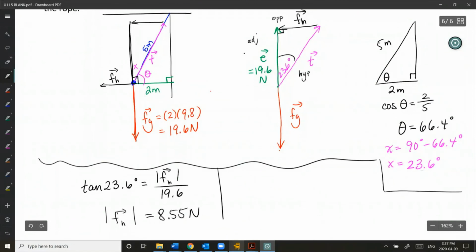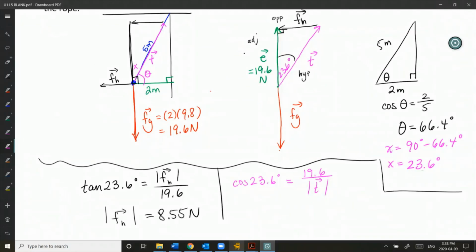newtons. And then we'll find the hypotenuse or the tension. And you can really use any trig ratio for this. I'm going to use adjacent and hypotenuse because adjacent was something that was given to me in a sense, although you did have to calculate it, so hopefully you did that right. So it'll be adjacent over hypotenuse, which is the magnitude of the tension.